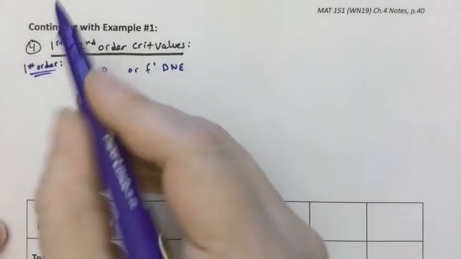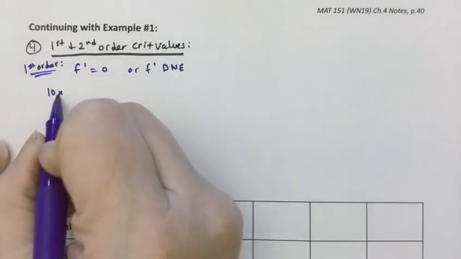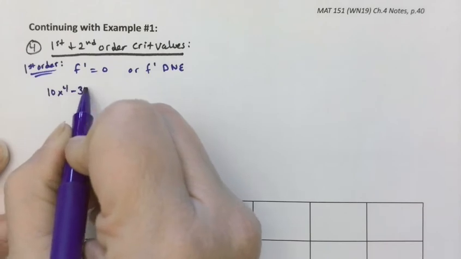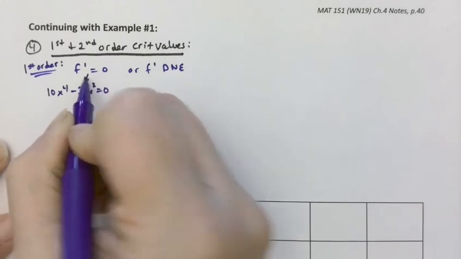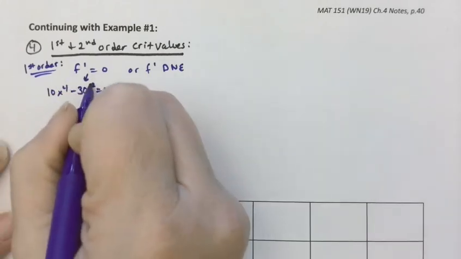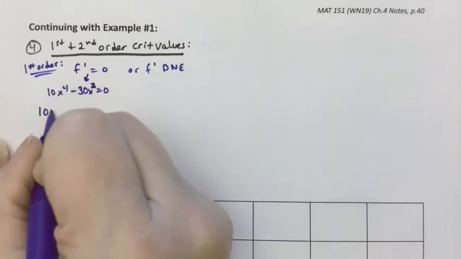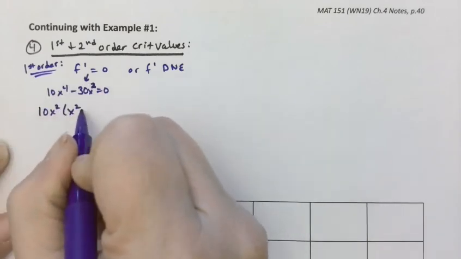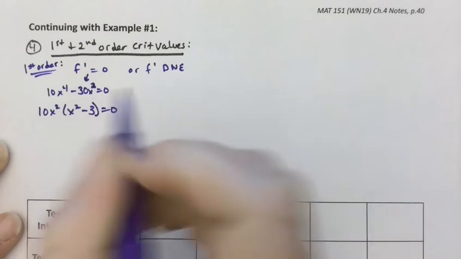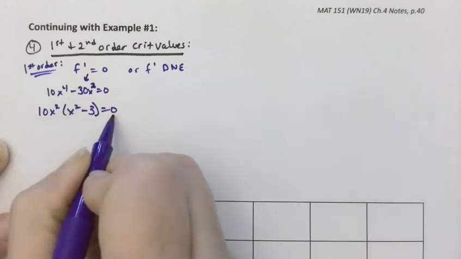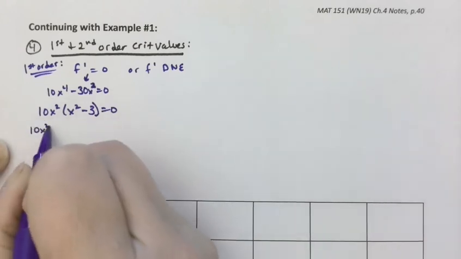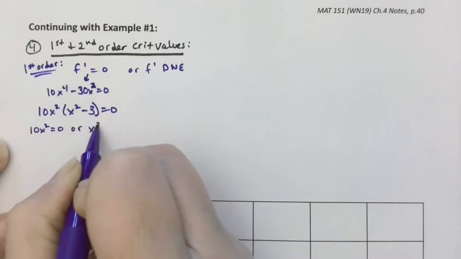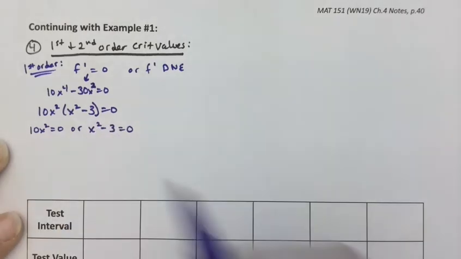Okay, so this will be 10x to the fourth minus 30x squared equals 0. I can take a 10x squared out. That'll leave me x squared minus 3. Two things multiply to 0, so either 10x squared is equal to 0 or x squared minus 3 is equal to 0.